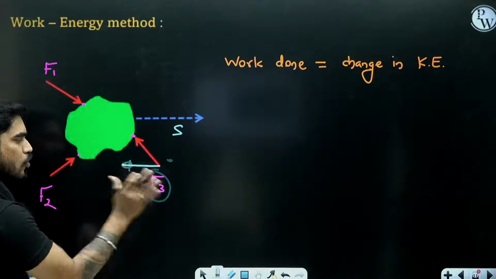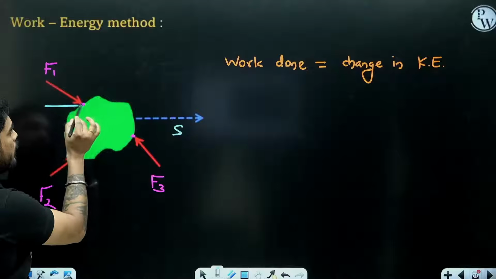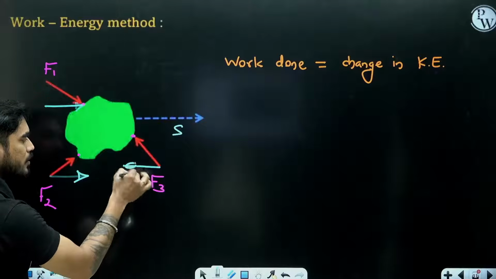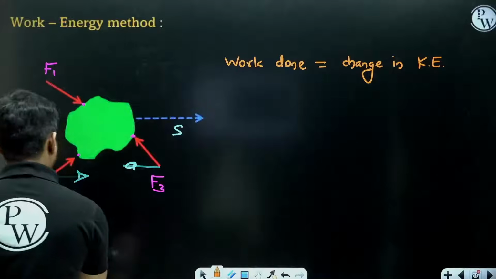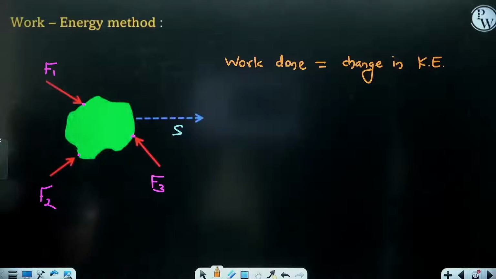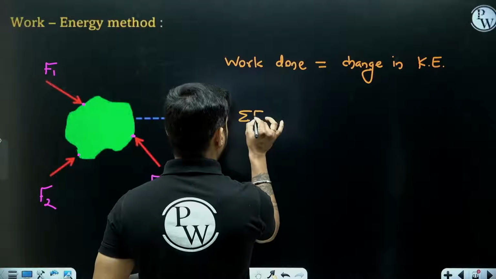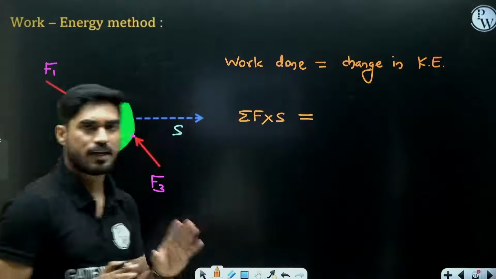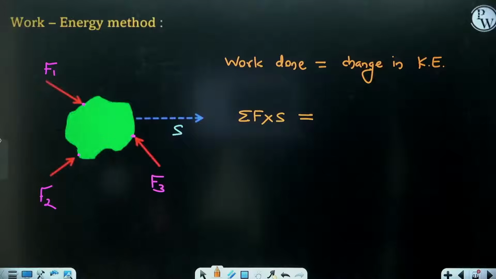Now s is common, so if you take s out, you will get horizontal component of F1 plus horizontal component of F2 minus horizontal component of F3, means you are going to get summation of F. So we can write summation of F into s. This is going to be the work done: net force in the direction of motion into s.